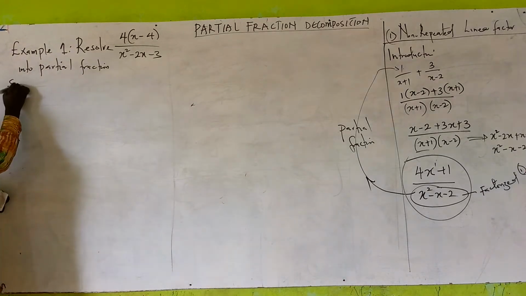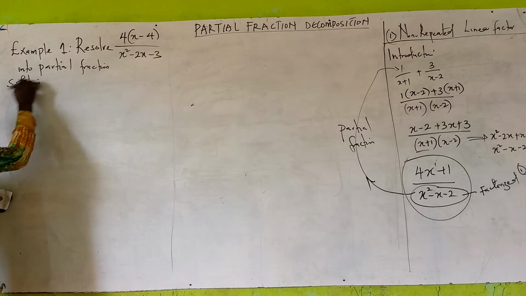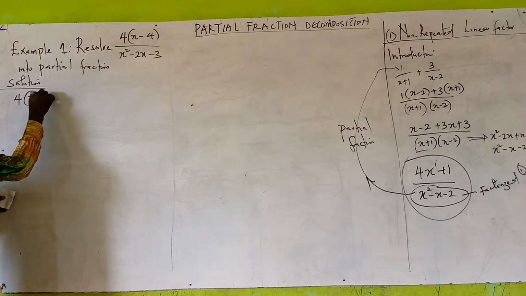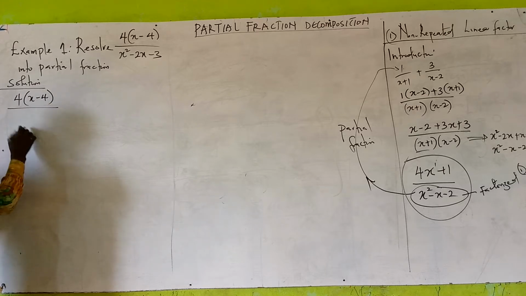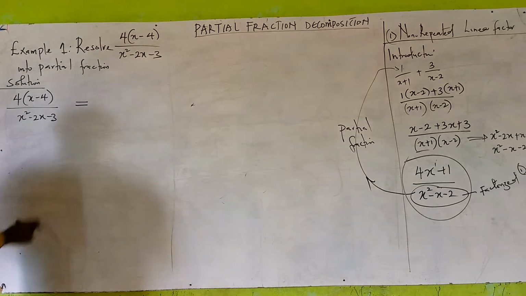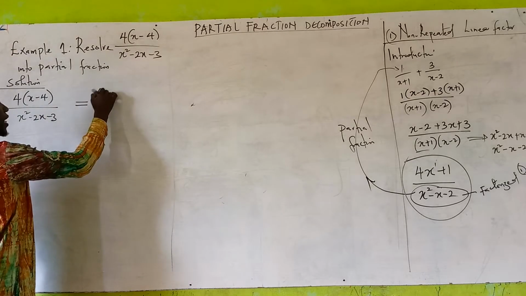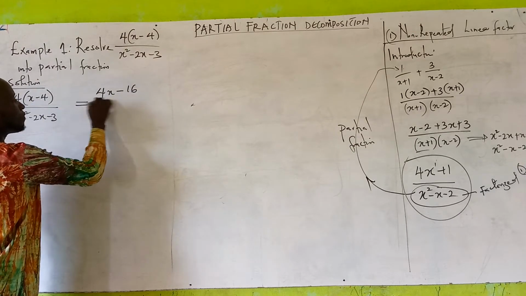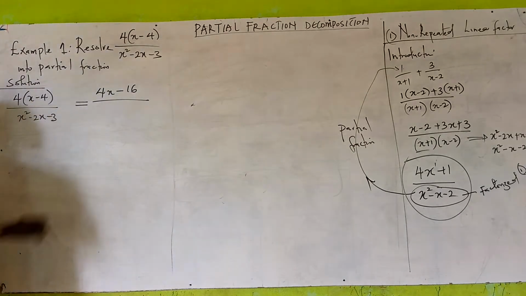Solution: 4 into bracket x minus 4, divided by x squared minus 2x minus 3. We open this bracket: 4 times x is 4x, and 4 times minus 4 is minus 16, divided by this quadratic expression.